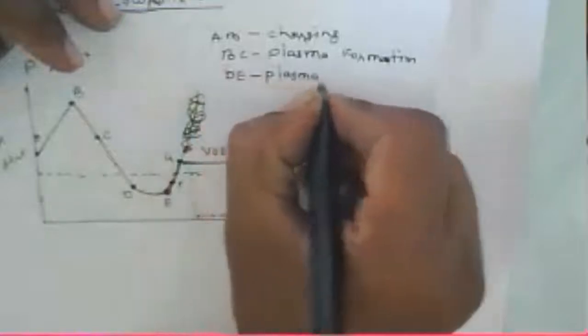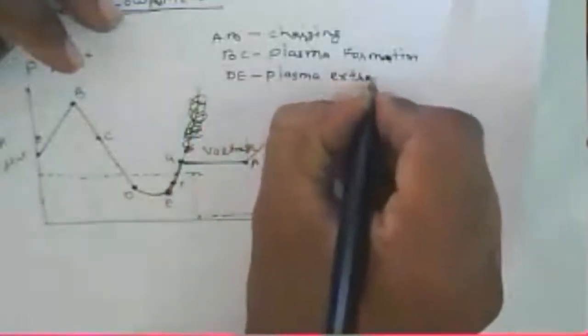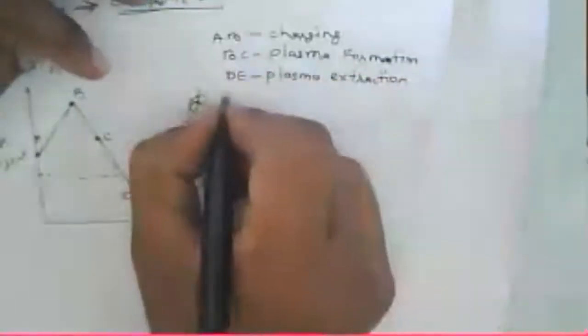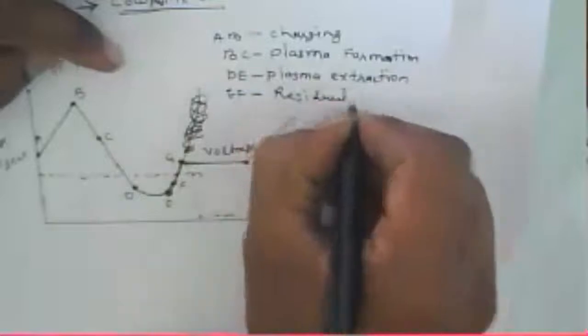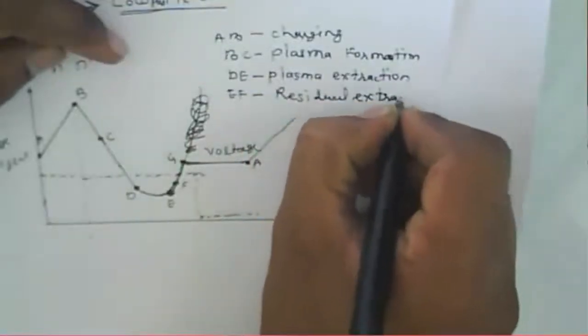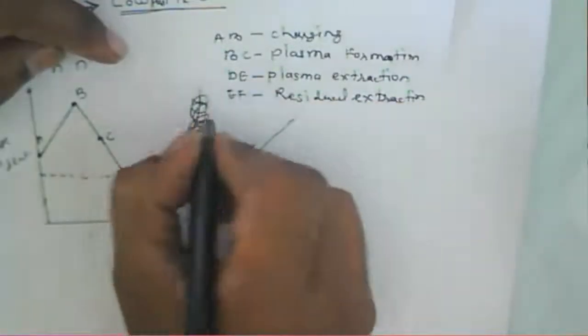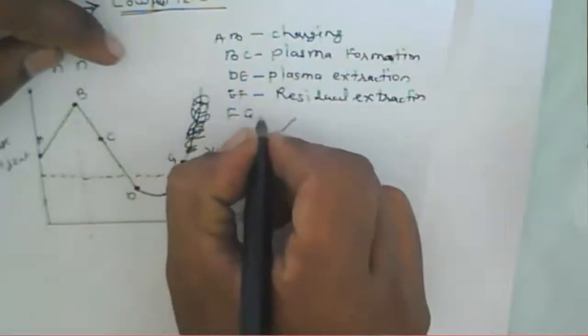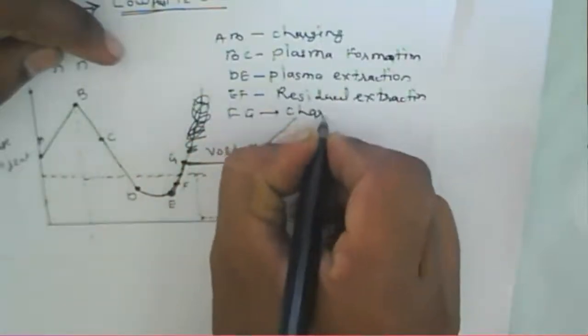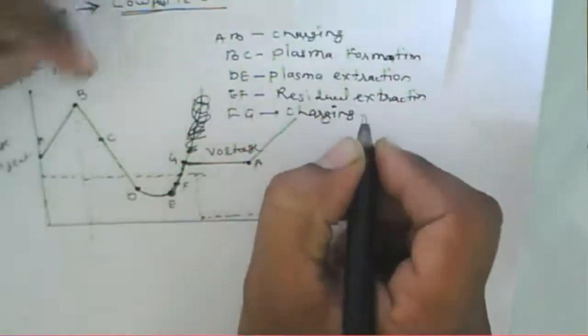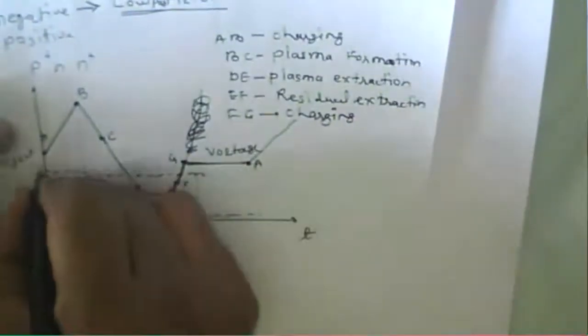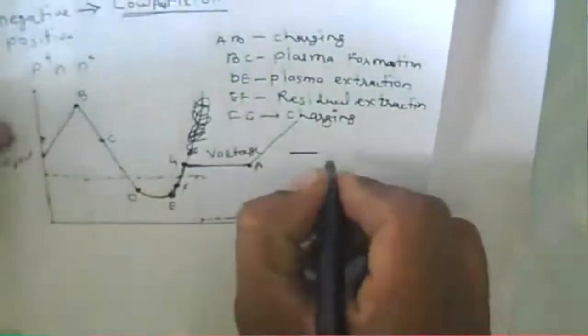Then D to E is plasma extraction or plasma removal. Then E to F is residual extraction. Then F to G is again charging.